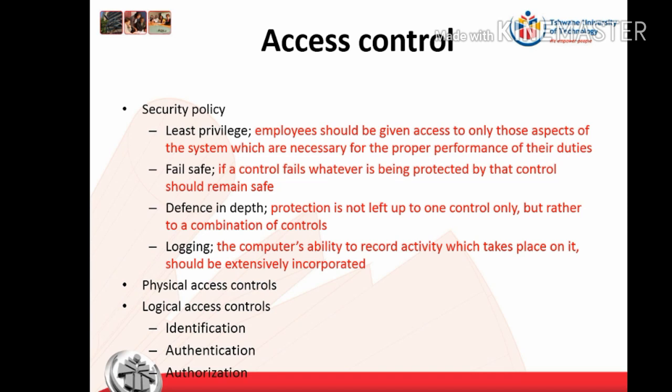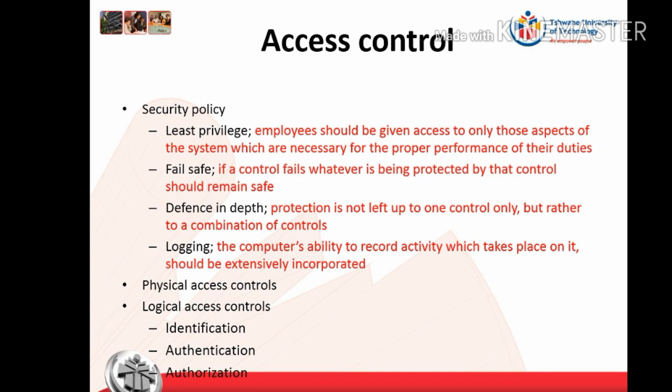Then the other one is fail-safe. Fail-safe, we say if a control fails, whatever is being protected by that control should remain safe. For example, I will give you an example with the ITS system at school.